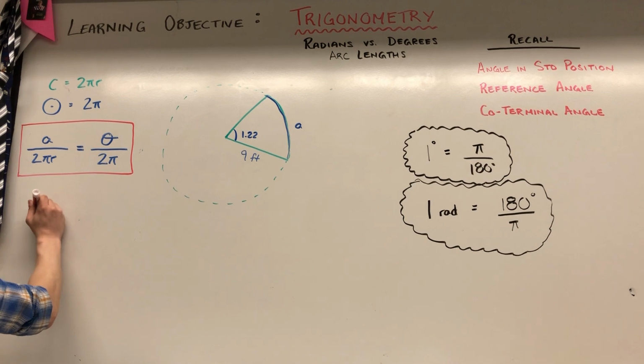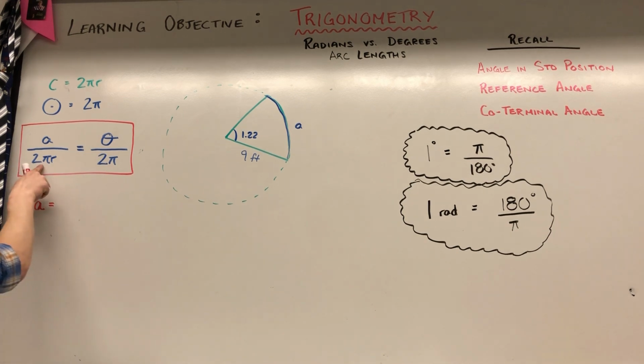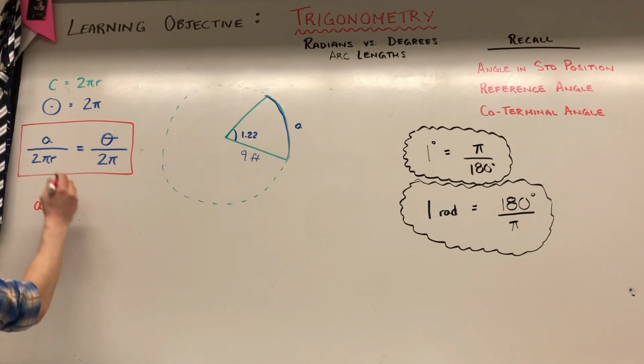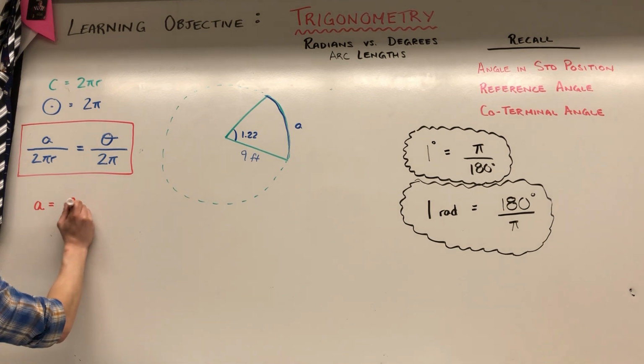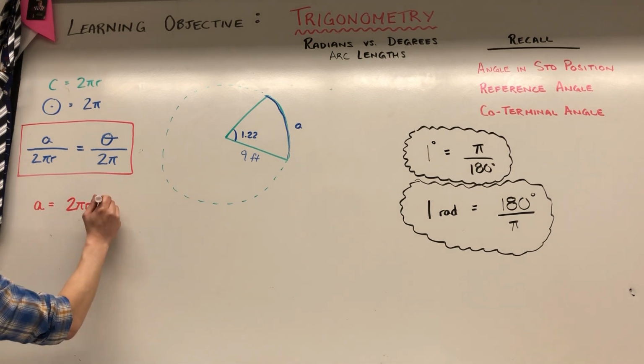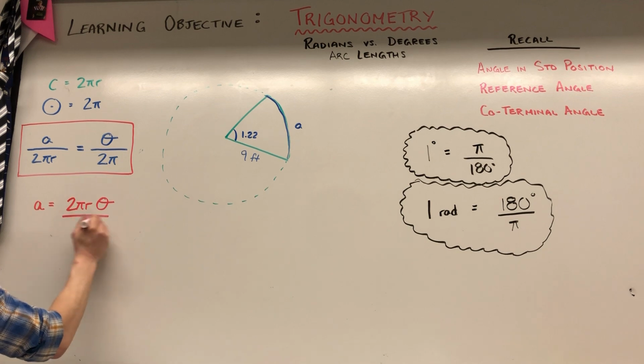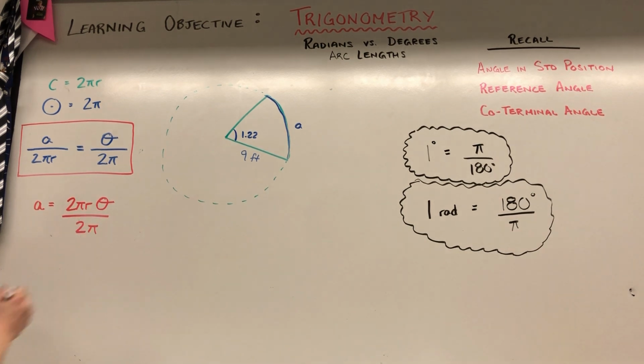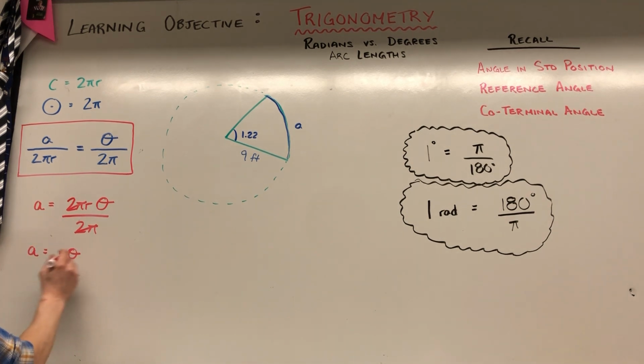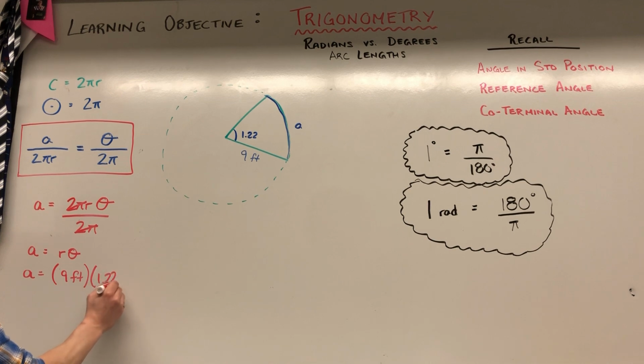So to solve for A, I'm going to multiply both sides by 2 pi r to get rid of the denominator there. And I get 2 pi r times my angle theta divided by 2 pi. 2 pi and 2 pi cancel, and I get my arc length is equal to my radius times my angle, or 9 feet times 1.22.